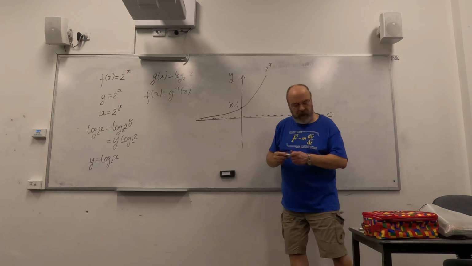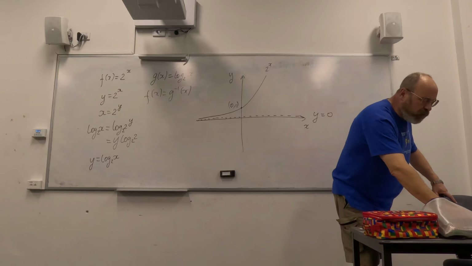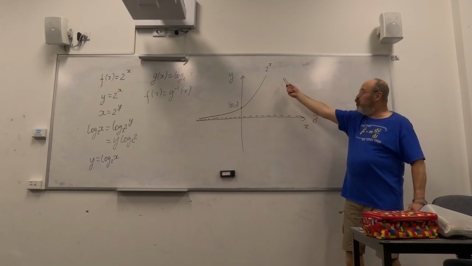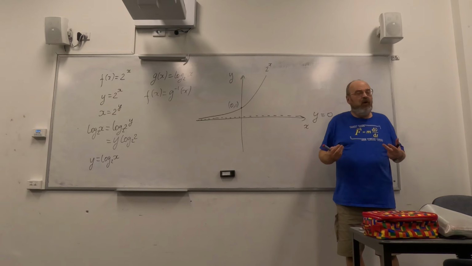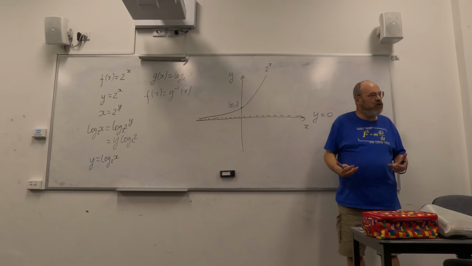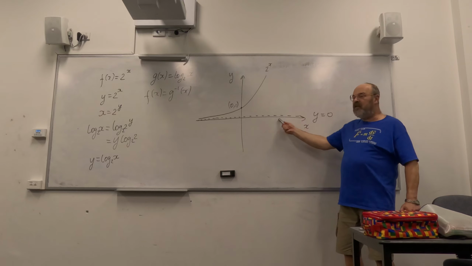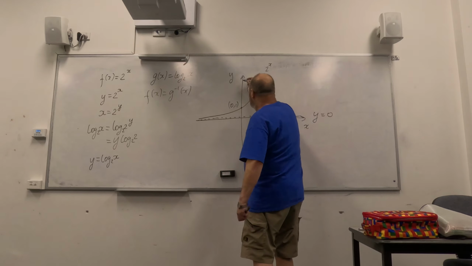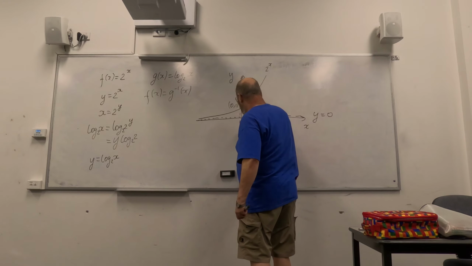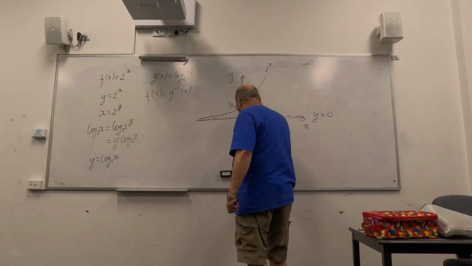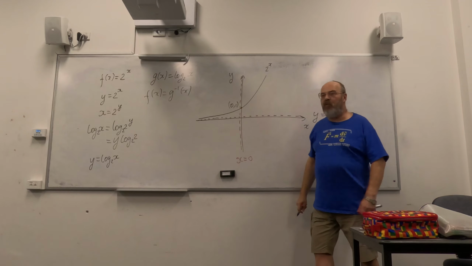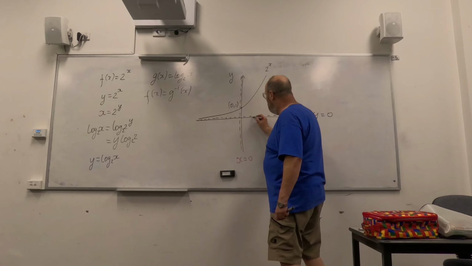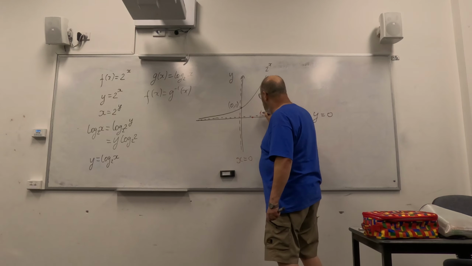So what will be the asymptote for the log graph? This is 2 to the power of x, and log is its inverse function. So what was the y asymptote becomes now the x asymptote. So we have asymptote x equals 0. What was the y-intercept becomes the x-intercept, so (1, 0).